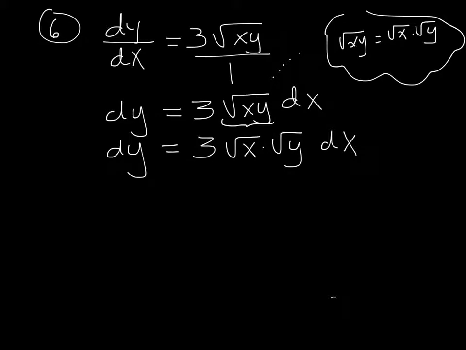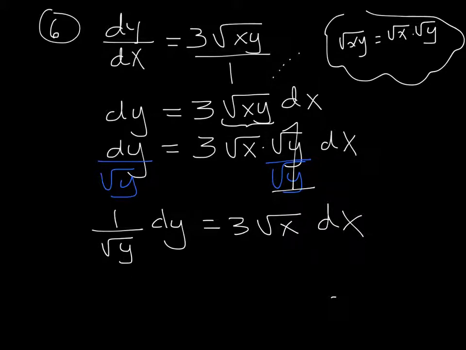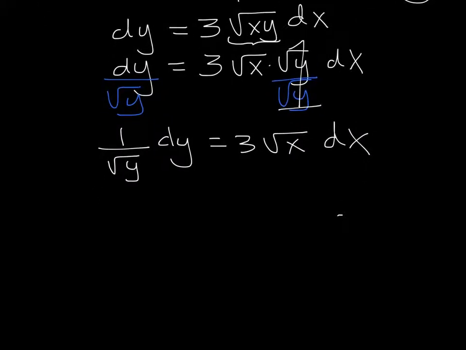I have my dy here, my dx here, so I'm going to divide by the square root of y. And then I get 1 over the square root of y dy equals 3 radical x dx. So I've separated my variables. I have a function of y, f of y dy, and then there's my g of x dx.